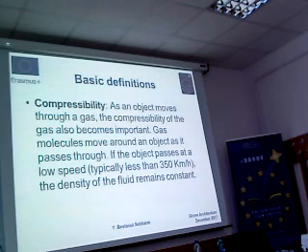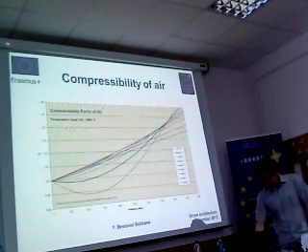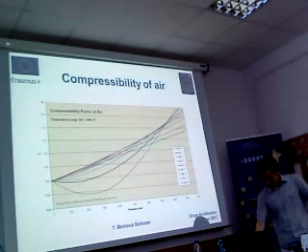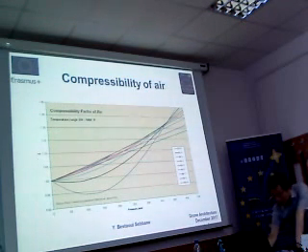However, if the speed is greater than 350 kilometers per hour, the density of the fluid will not be constant and it can change. So this is the graph of the compressibility factor of the air.